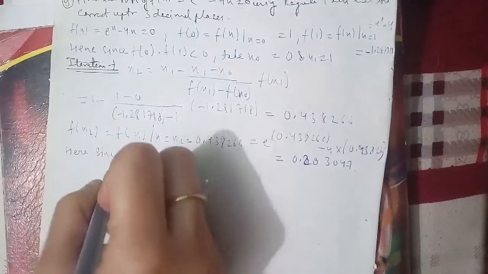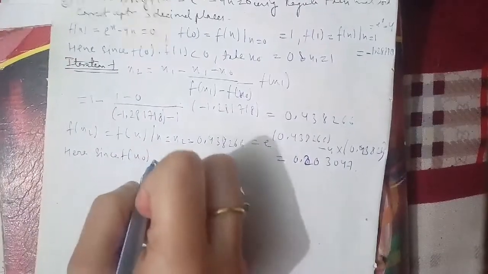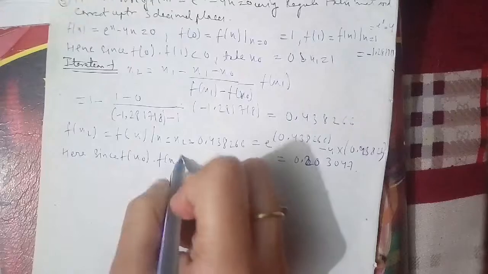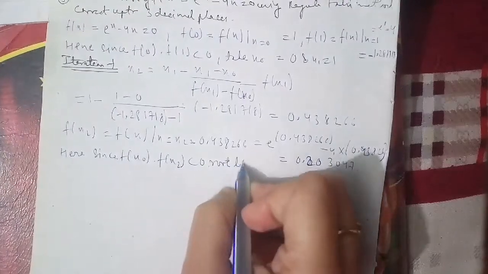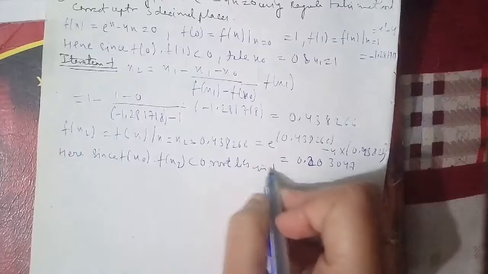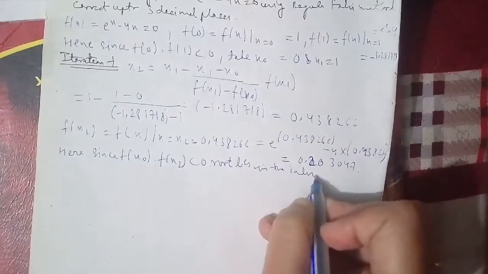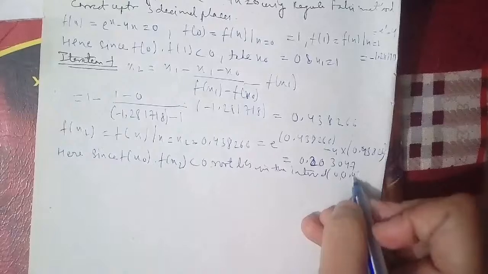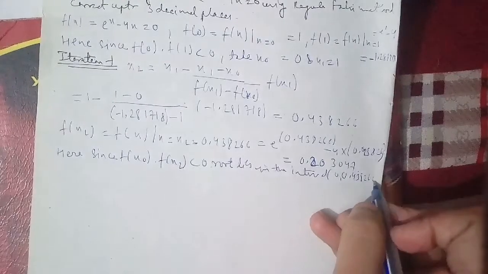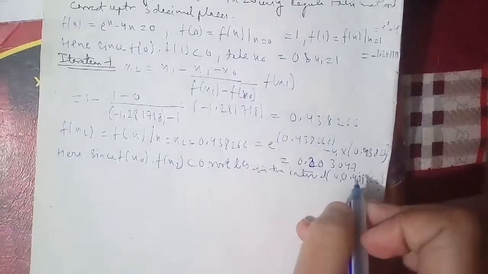Since f(x0) f(x2) is not less than 0, the root lies in the interval 0 to 0.438266.